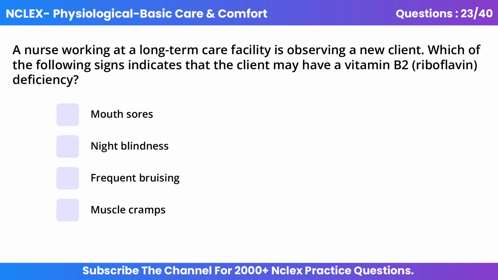Question 23. A nurse working at a long-term care facility is observing a new client. Which of the following signs indicates that the client may have a vitamin B2, riboflavin, deficiency? A. Mouth sores.